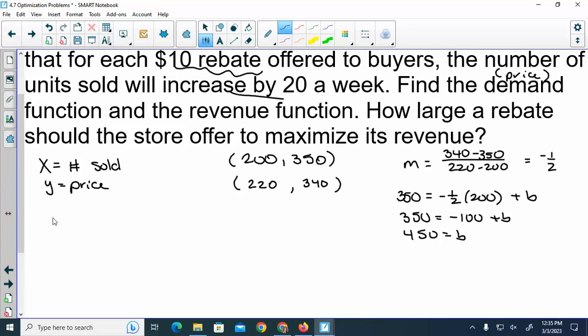So b is 450. So my price function is negative 1/2 x plus 450.